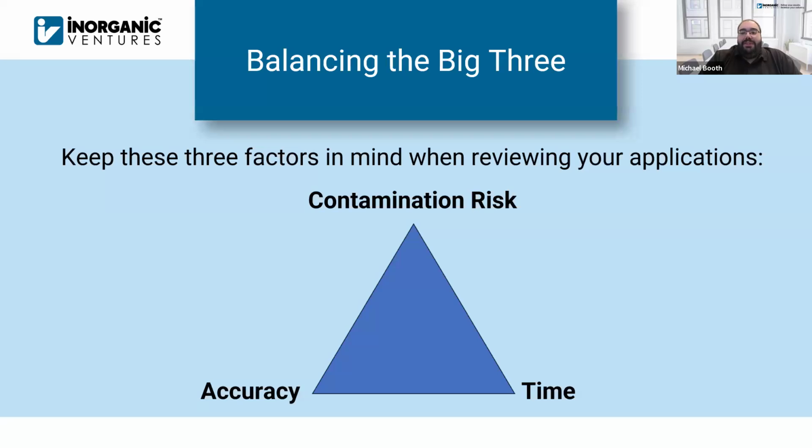And there are some applications where it's really more of a trend analysis. So if your application doesn't call for a high degree of accuracy, then that's something you keep in mind during your sample prep. And it's something you have to keep in mind also. It kind of balances with these other factors. If you don't have to be extremely accurate, you don't have to worry as much about contamination for certain things. But it's all sort of a balancing act.